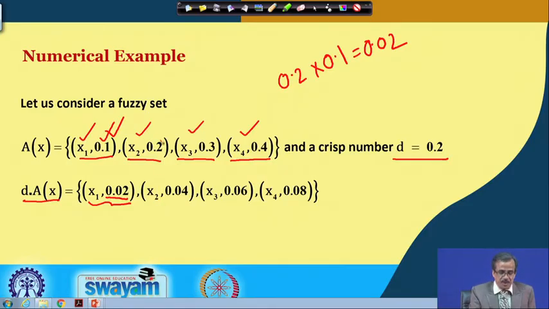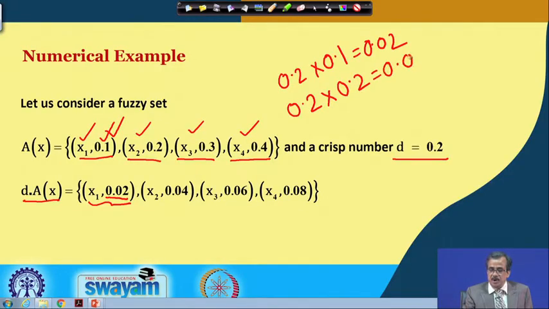Following the same procedure, I can also find out what will happen corresponding to x2. Here, corresponding to x2, the membership function value is 0.2 multiplied by d, which is 0.2. So, this is nothing but 0.04. Similarly, corresponding to x3, we will have 0.3 multiplied by 0.2 and that is nothing but 0.06.